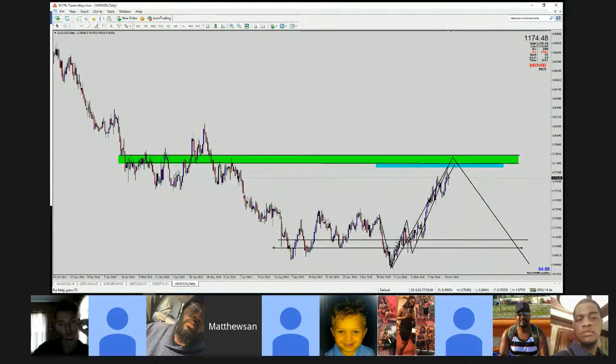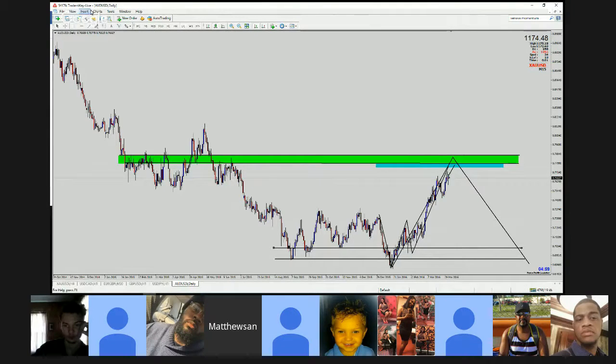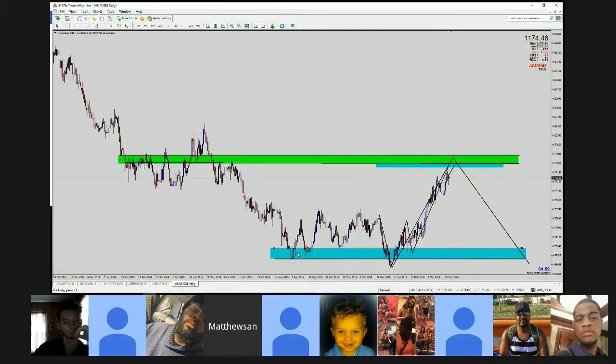Because this zone has been a pivot point on the area of demand for quite some time, right? Pivot, pivot, pivot, pivot, came back down in that zone and made another pivot. Very easy. A lot of bullish pressure. The market just consolidated.